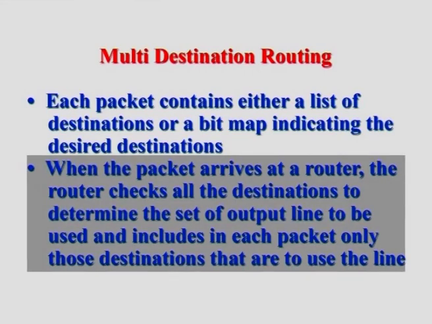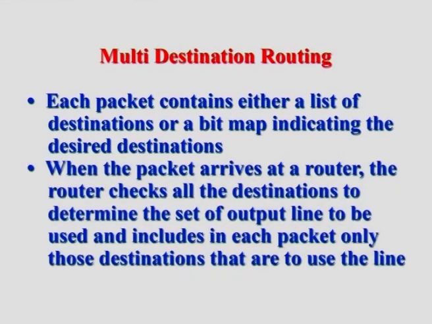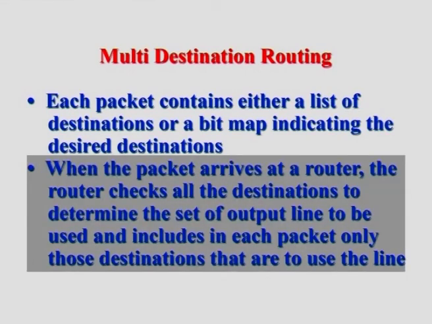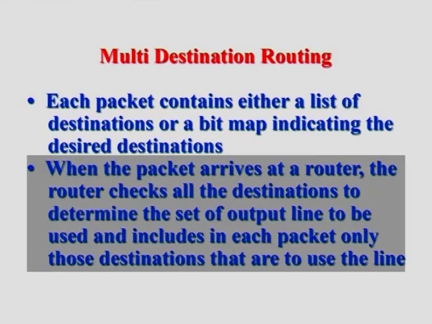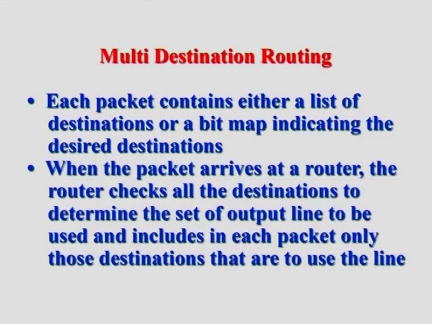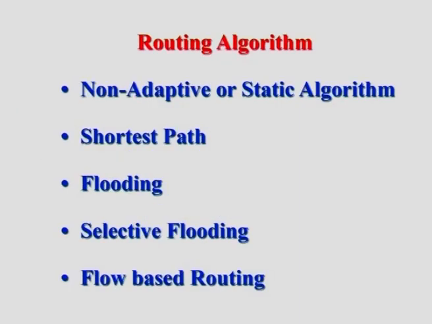When the packet arrives at a router, the router checks all the destinations to determine the set of output lines to be used and includes in each packet only those destinations that are to use the line. In effect, the destination set is partitioned among the output lines.